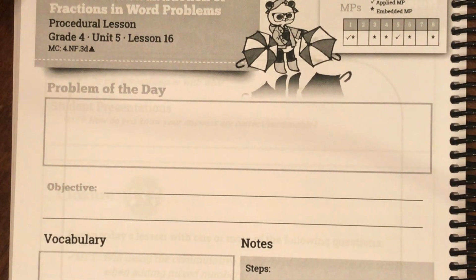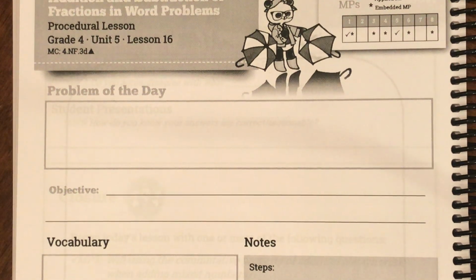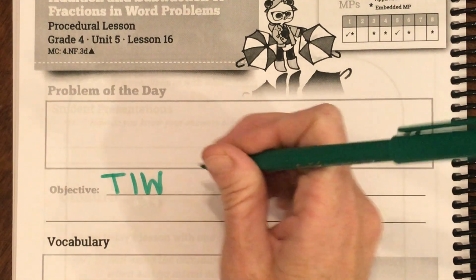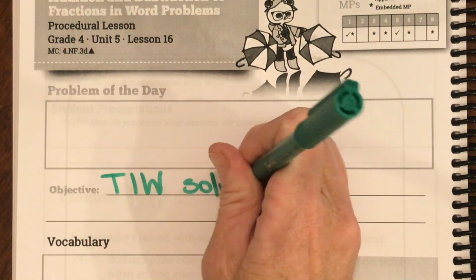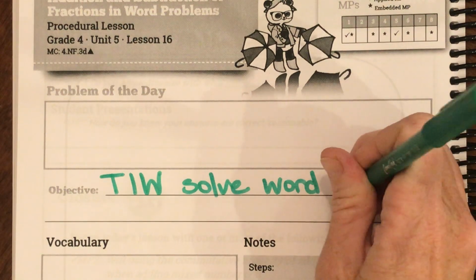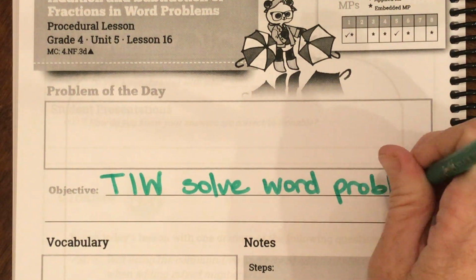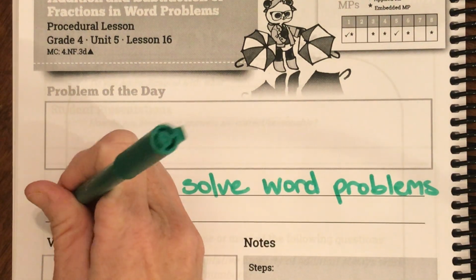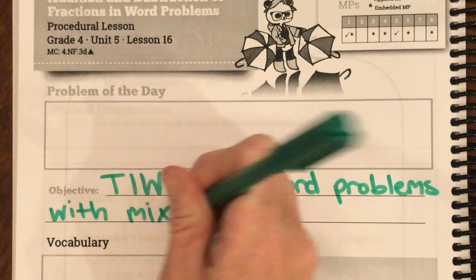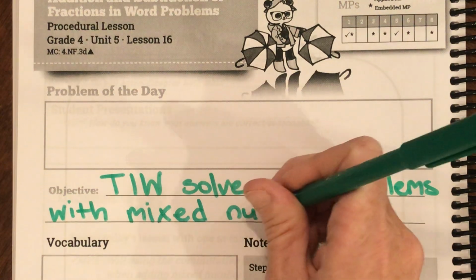Good morning, fourth graders. Today we're on page 155 of your student journal, page 155. Our objective today is, today I will solve word problems with mixed numbers.